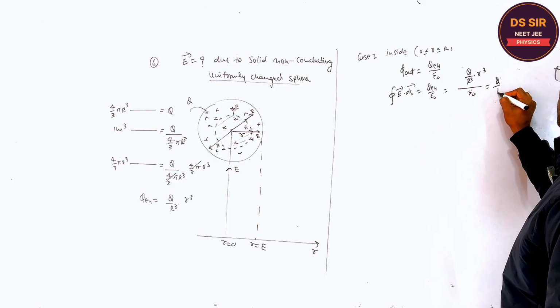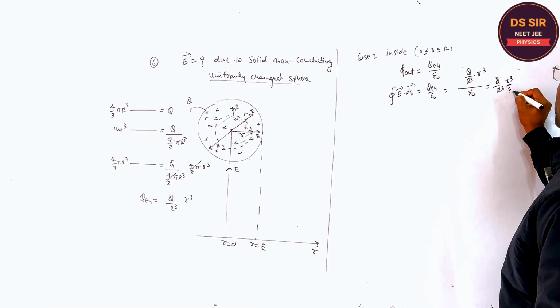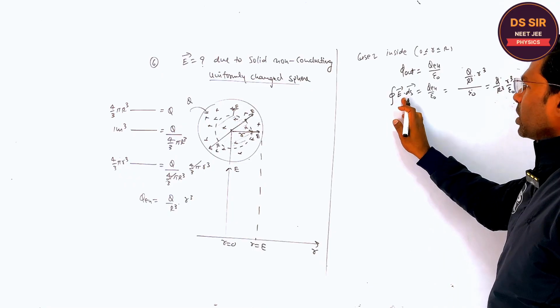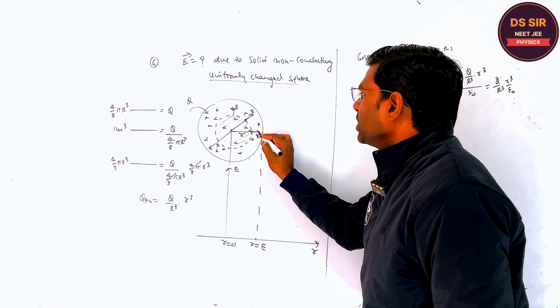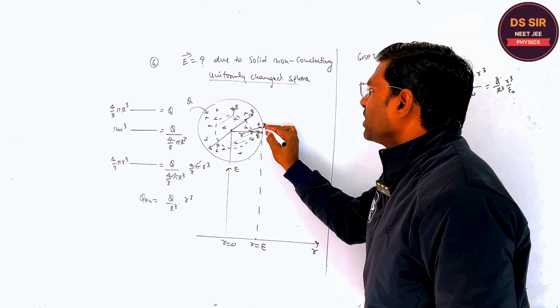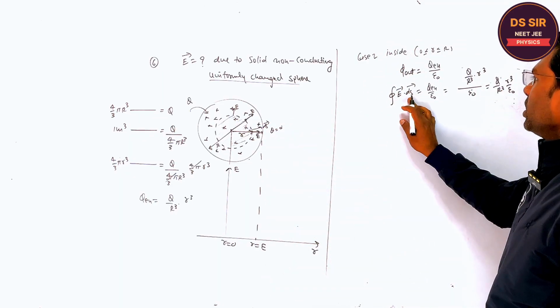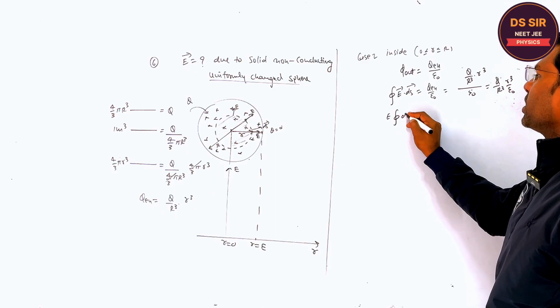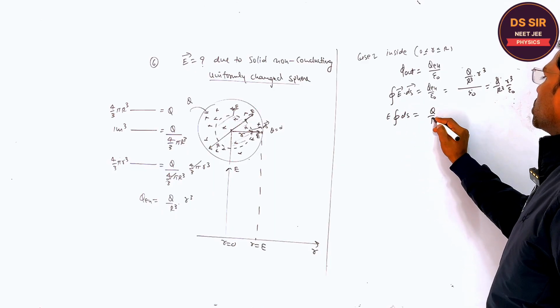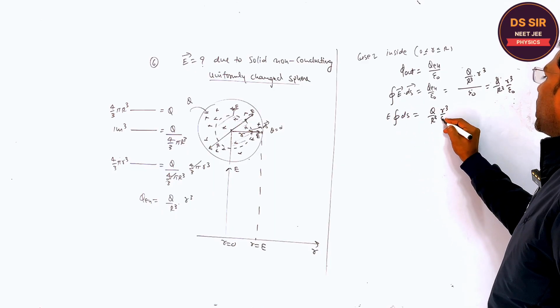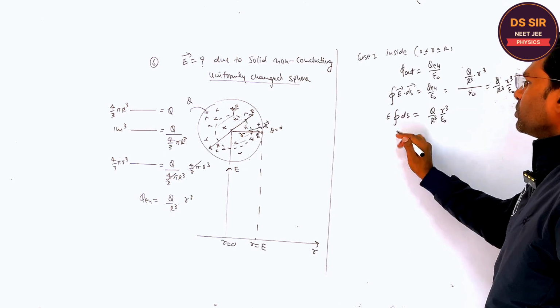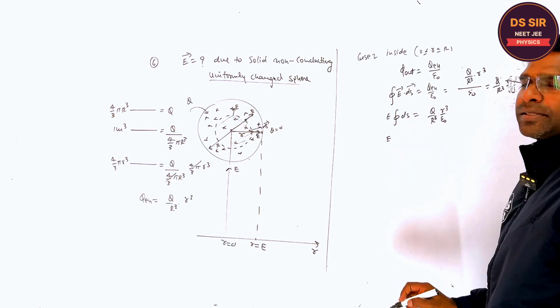It is equal to Q r cube upon R cube upon epsilon naught. Now E dot dS: the electric field and the dS vector are in the same direction, theta is 0 degrees, so E will come outside the integration of dS. What is the integration of dS?